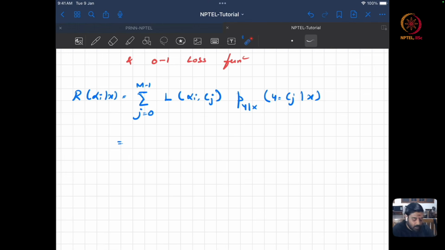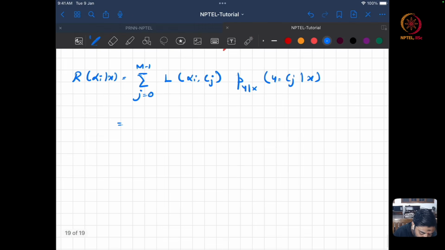That means I can easily write this for the case wherein j is not equal to i, for every j that is not equal to i, j taking values between 0 to m minus 1, of the posterior y given x, y is equal to Cj given x.